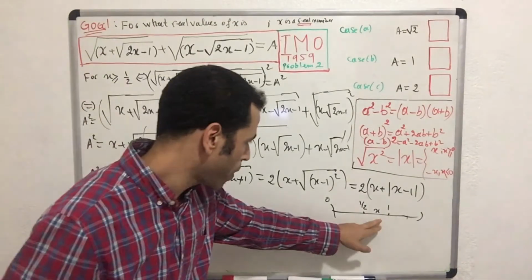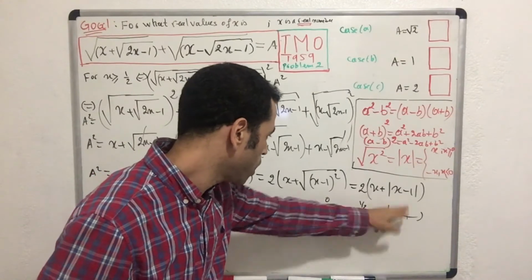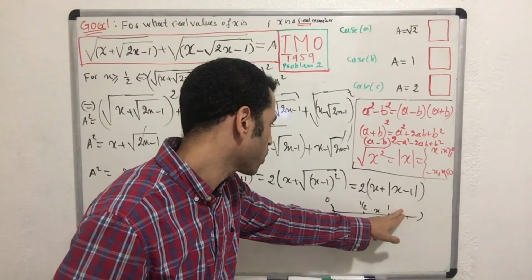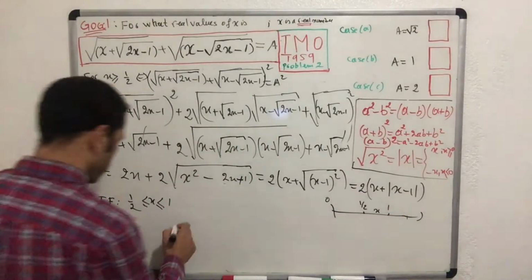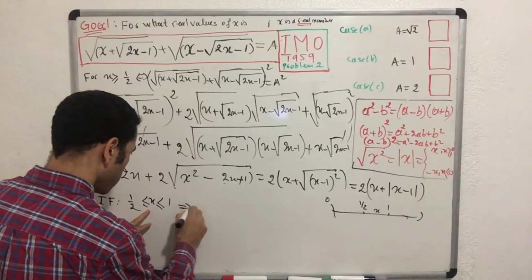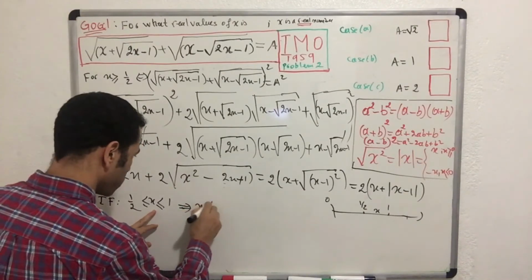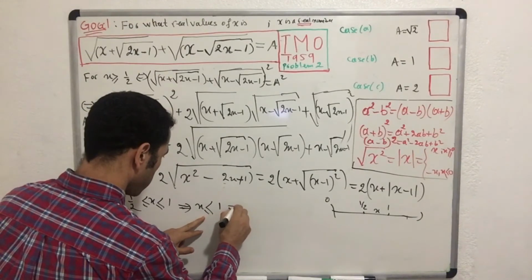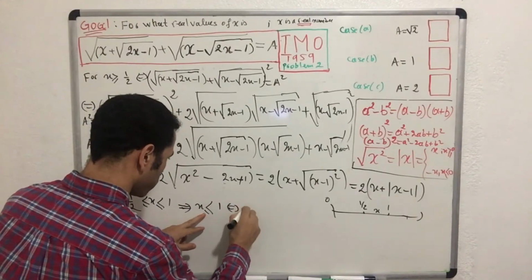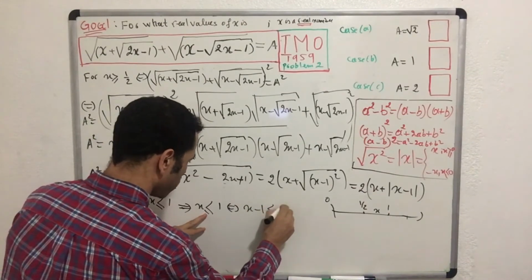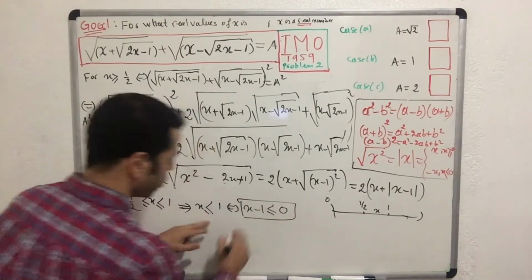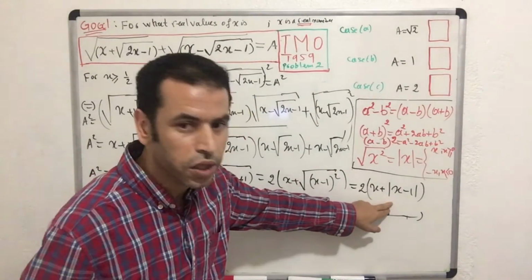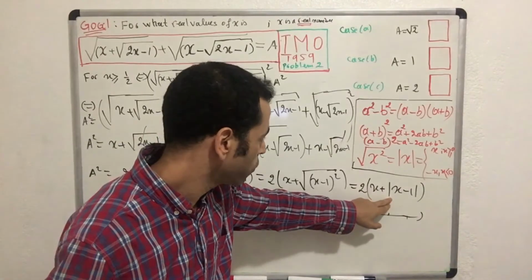The case when x is between 1 over 2 and 1. The second case when x is greater than 1, okay? So what does this mean? This implies x is inferior or equal 1. That means, equivalently, x minus 1 inferior or equal 0, okay? What does this mean? This number is negative now. So now when you take out the absolute value, you have to put it negative, okay?